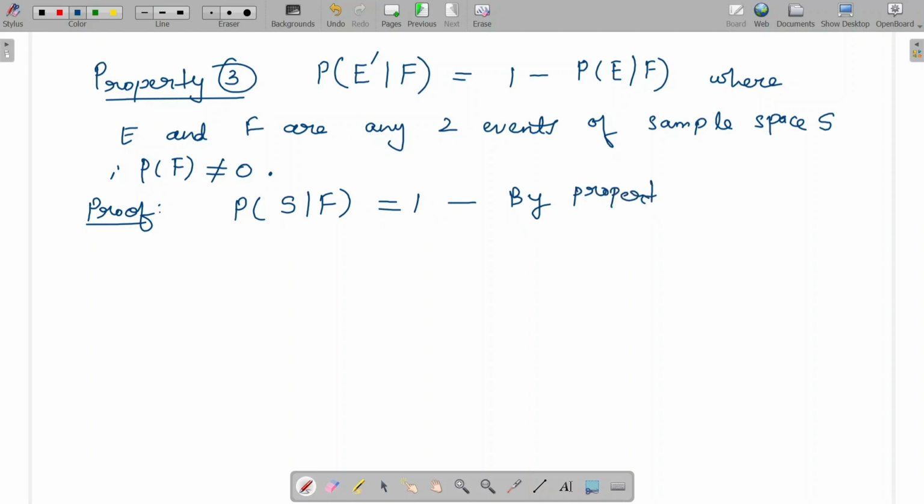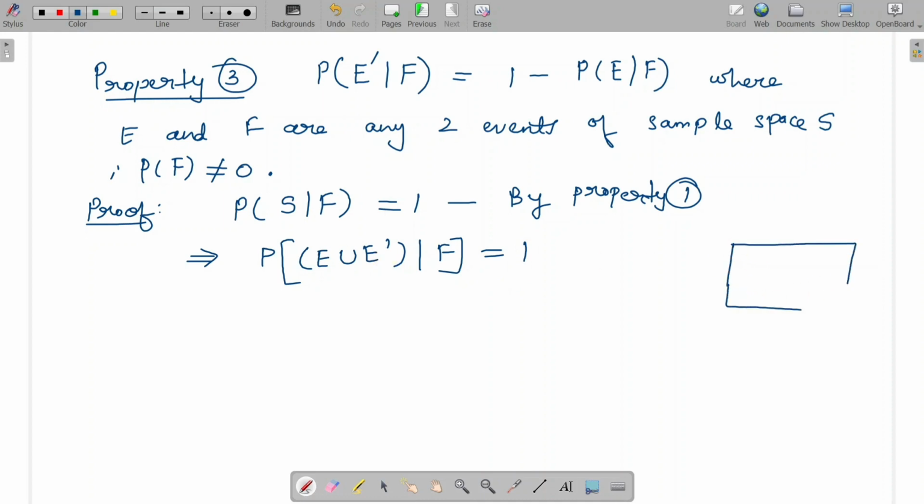Now this implies we can write S as E union E complement, such that F has occurred, equal to 1. Now why we can write this? Because any set union its complement gives us the whole sample space, right? So if you take the set E like this, and this is the complement, if you take the union, you are getting the whole sample space S, right?